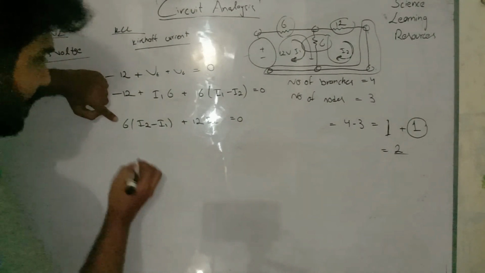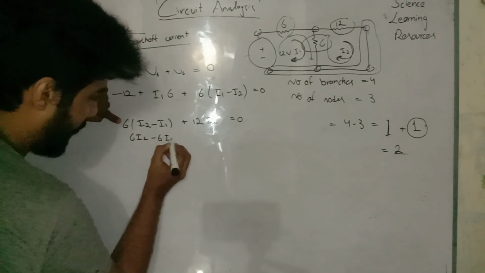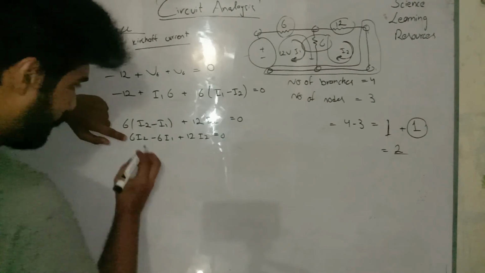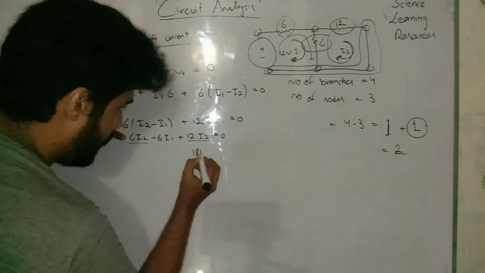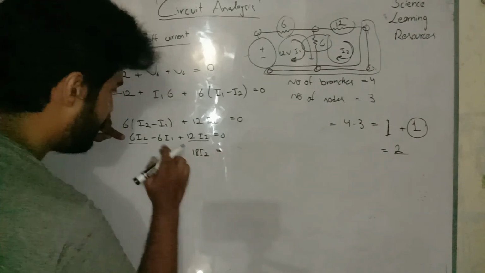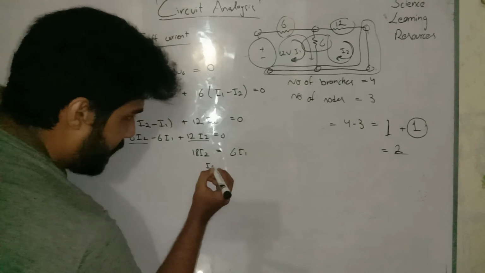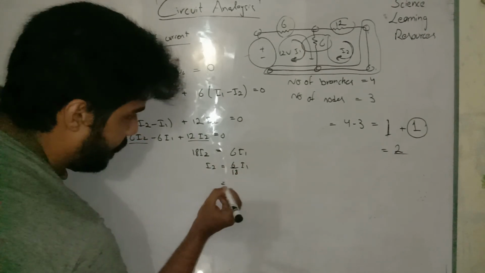Let me further simplify it. 6 will be multiplied in, then 6 I2 minus 6 I1 plus 12 I2 is equal to 0. Both are I2, so 6 plus 12 is 18 I2. Let me take 6 I1 here, then 6 I1. After that I2 equals 6 by 18 I1.